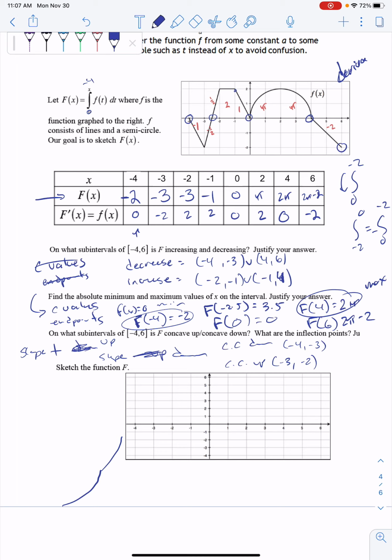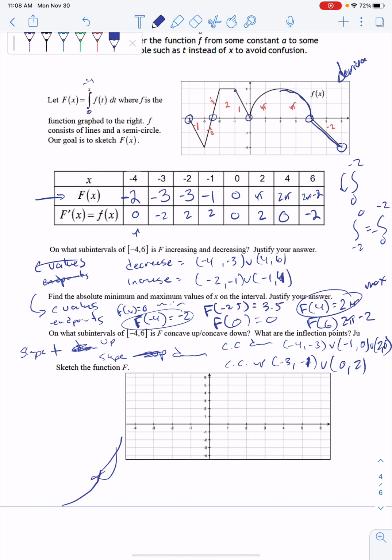So it keeps going up. So I'm going to say that's still concave up from negative 2 all the way up until -1. But then look at -1. At -1, I'm concave down until I get to 0. At 0, I'm concave up until I get to 2. And then I'm concave down again. My slope is negative from 2 all the way up to 6. My slope is going down, right? Negative slope, negative slope, negative slope, and I still have a negative slope.